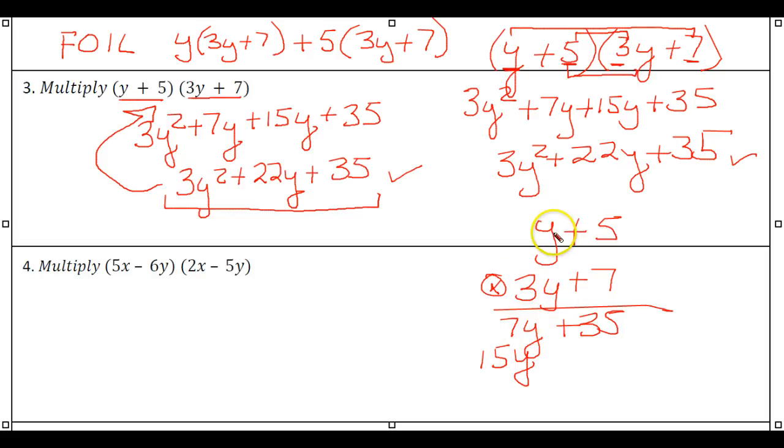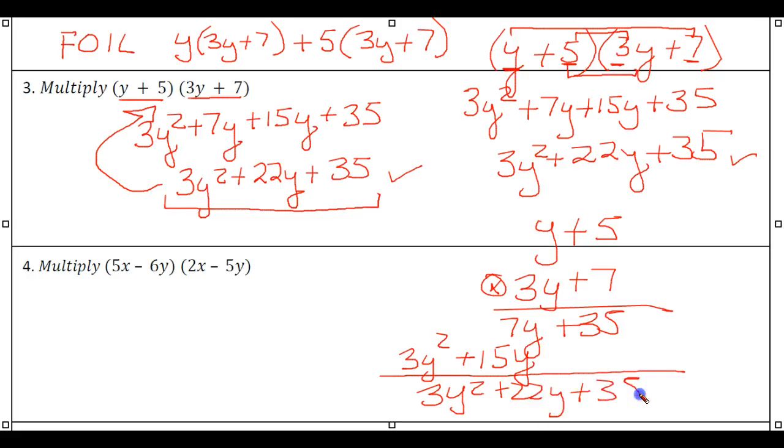And then 3y times y is 3y squared. Now you add them up and get 3y squared plus 22y plus 35. So all three ways work. And the one you want to normally use when you're multiplying a binomial by a binomial is this one.